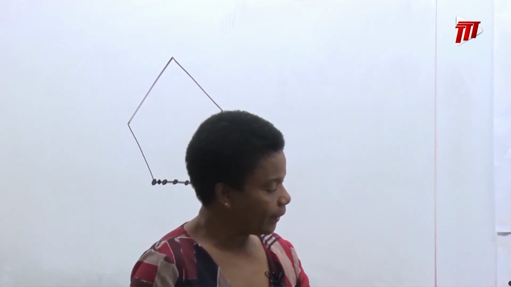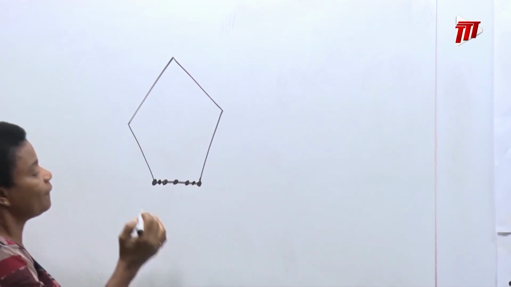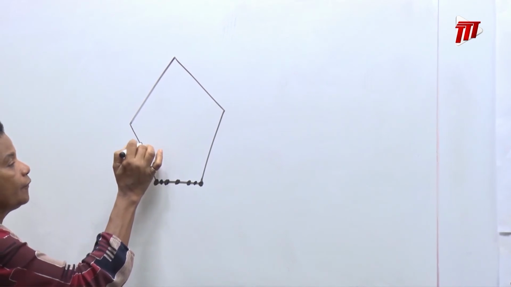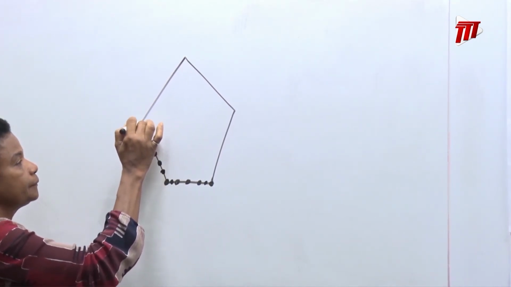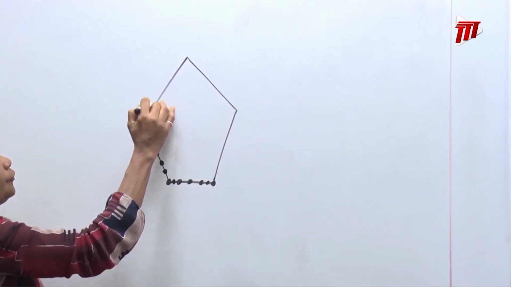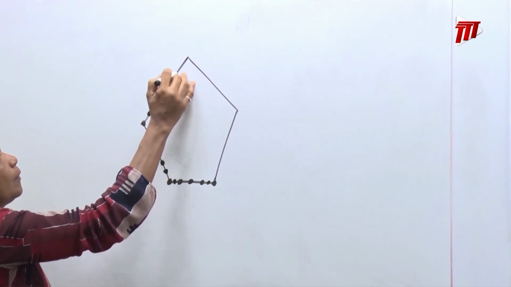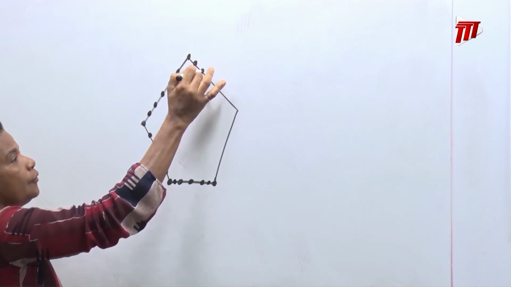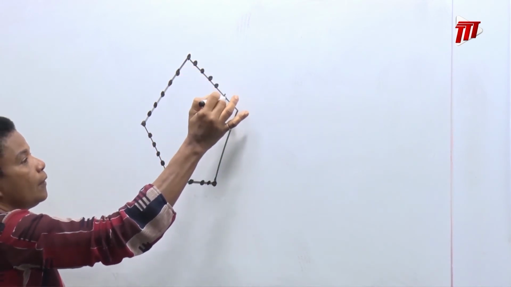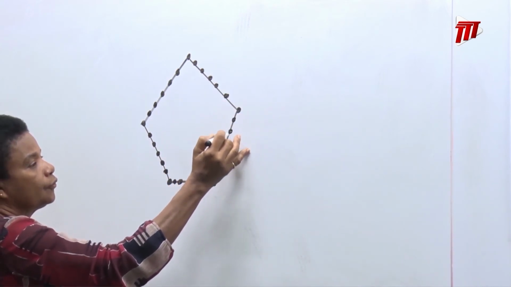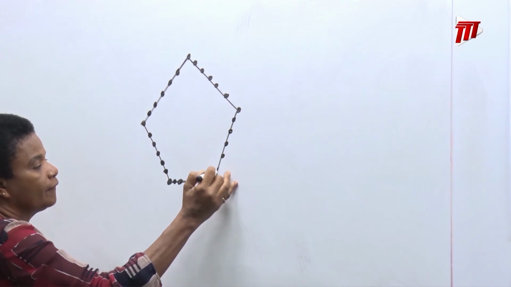On this side, we have 1 dot, so we are going to put 5 in the center. And again, 1, so we are going to put 5 in the center, and the 1 at the top. And similarly for the remaining sides.